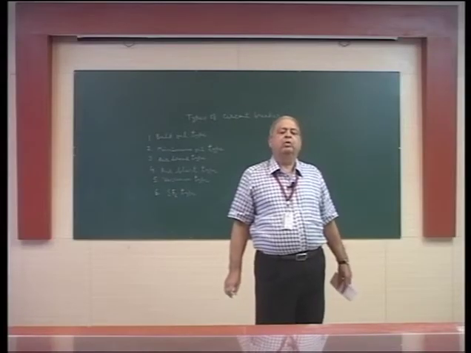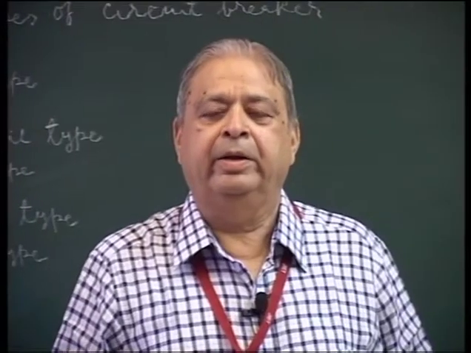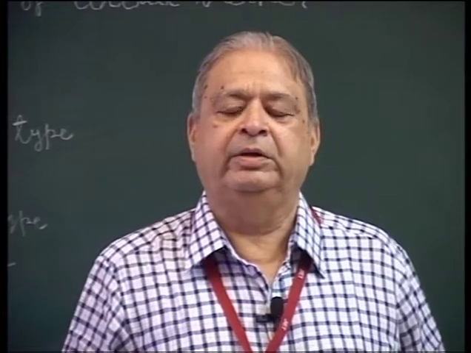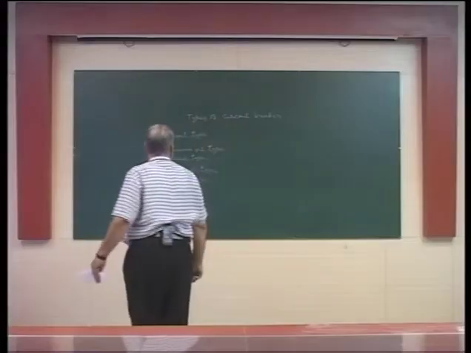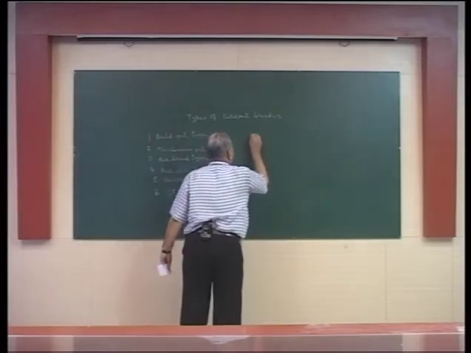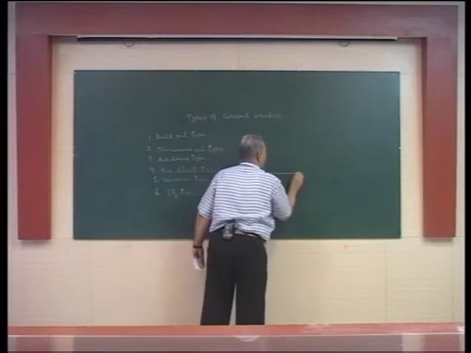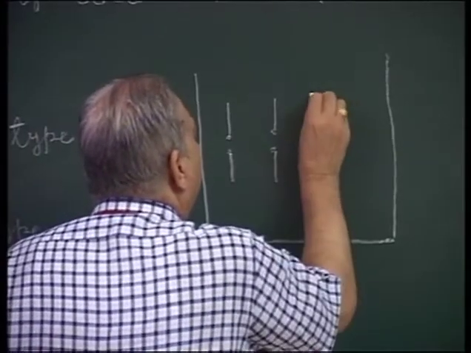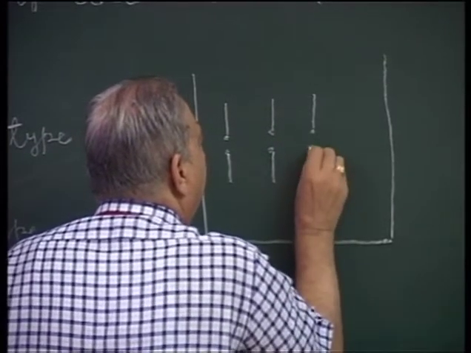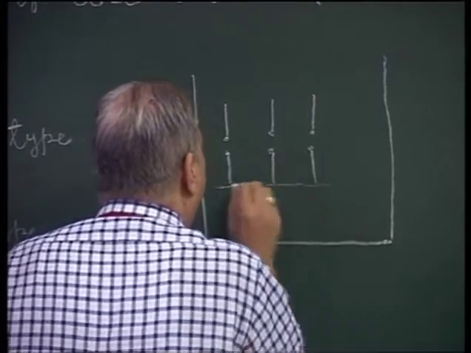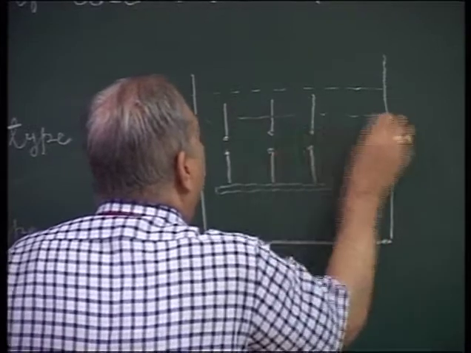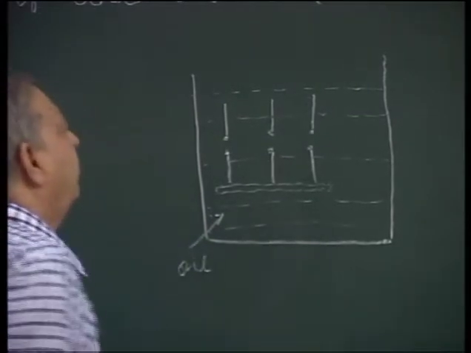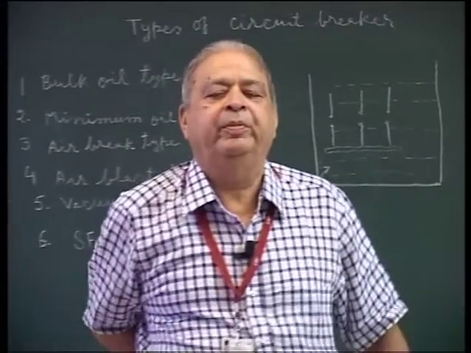Now, in a bulk oil circuit breaker, a tank filled with mineral oil, that is the transformer oil, is taken, and fixed and moving contacts of all the three phases are dipped in the oil tank.